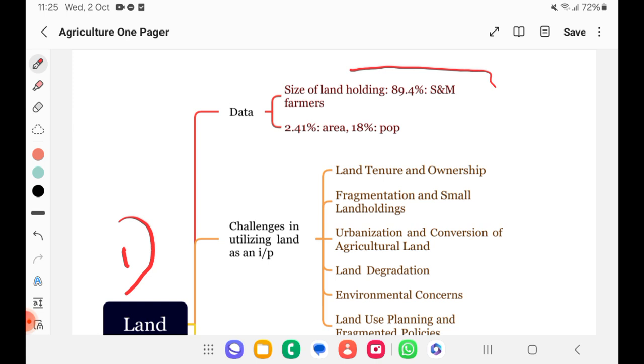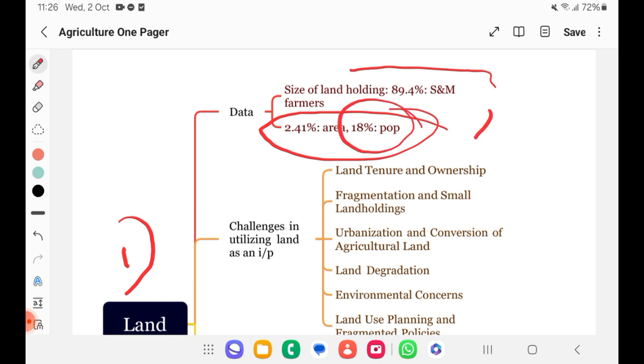So the data for land is size of land holding: 89.4% are small and marginal farmers. So all this land is very small and marginal. About 89.4% of land belongs to small and marginal farmers. India has 2.4% of the land area, whereas 18% of the population lives in India.